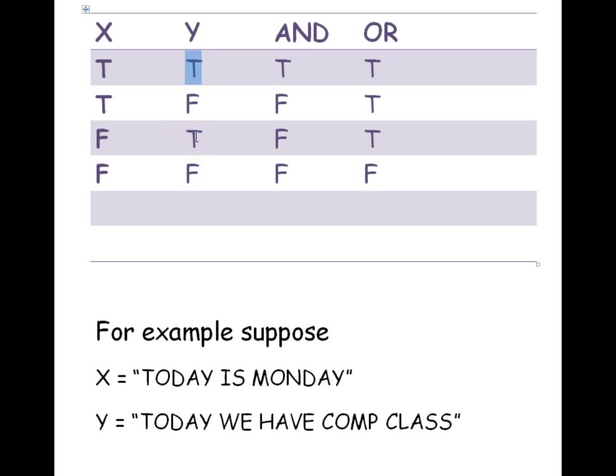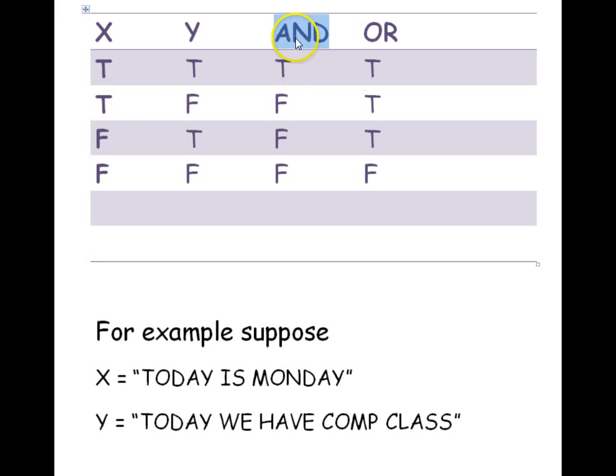If I say to you that today is Monday and we have computer class, was I telling the truth or not? You would say, yeah, I'm telling the truth. So that statement would be true in that case. Okay, now that's the and. I was using the word and. I said today is Monday and today we have computer class.